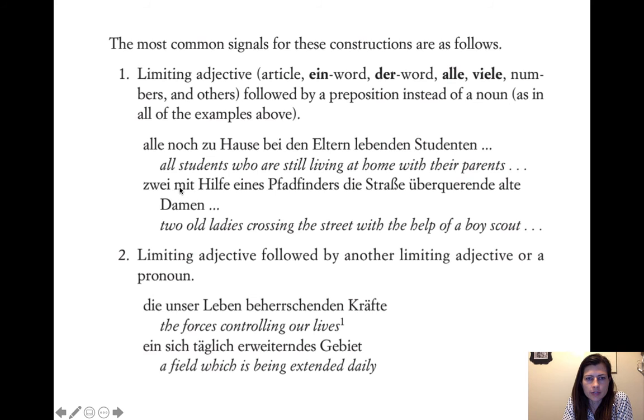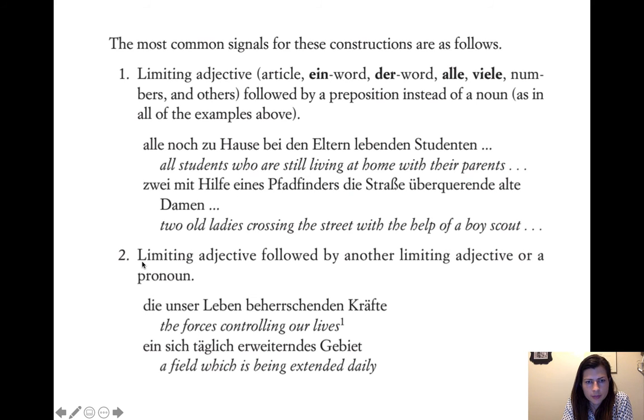And then we have to look at mit Hilfe eines Pfadfinders die Straße überquerende. So here's our present participle, crossing. So two old ladies crossing, überquerende, crossing what? The street, crossing the street with the help of a Boy Scout.